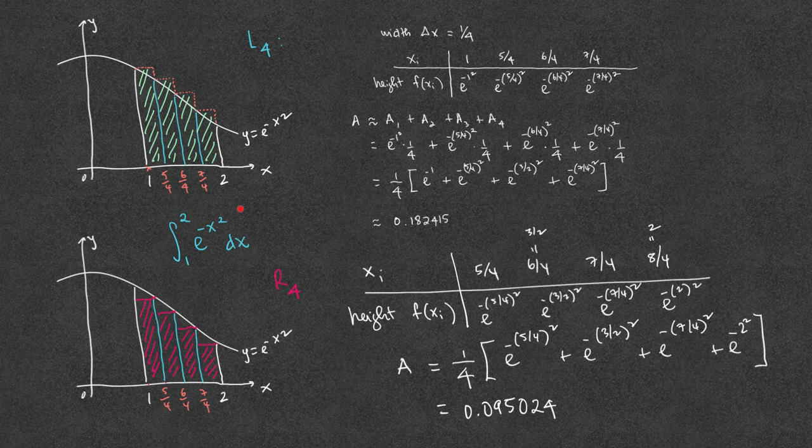So the exact value for this integral is somewhere between 0.095024 and 0.182415. We don't know what it is, but since one is an underestimate and one is an overestimate, we are pretty sure that the exact answer is between the two.